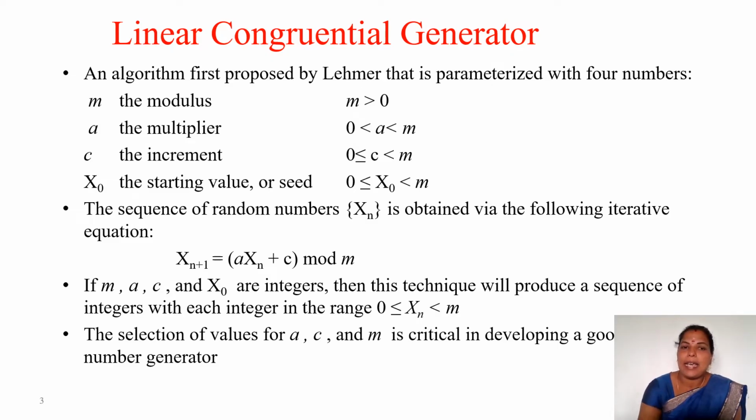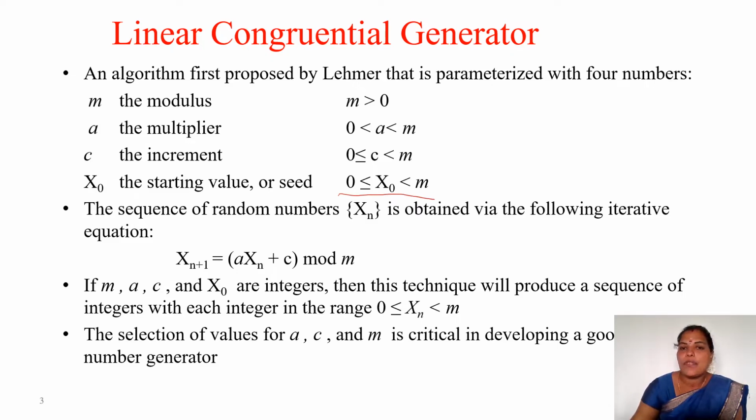Next is a, the multiplier, which lies between 0 and m. c is the increment, where 0 less than or equal to c less than m. And x naught is the starting value or the seed value, which also lies between 0 and m, that is 0 less than or equal to x naught less than m.